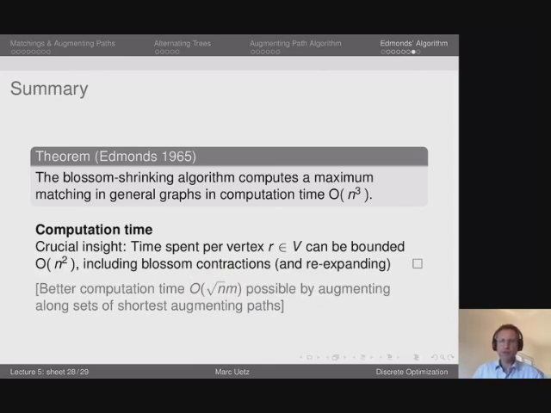So that finishes our analysis of the matching problem and Edmonds' celebrated algorithm to compute maximum cardinality matchings in undirected graphs. Let me say that there is also a version of the algorithm where you would want to maximize the total weight of a matching if the edges also have weights. That is also possible in polynomial time, but not treated in this lecture.